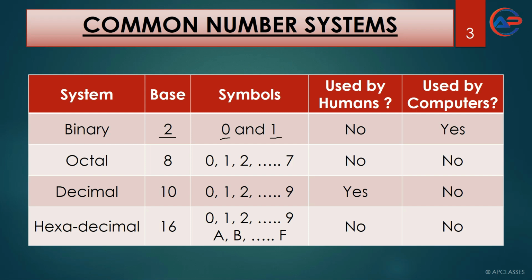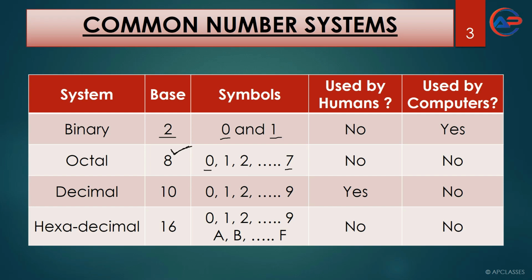Remember, when we talk about octal number system, it has a base of 8. Here only 8 symbols can be used, starting from 0 to 7. Do not think that here we can use numbers till 8. Base 8 doesn't mean that you have to use digits till 8.